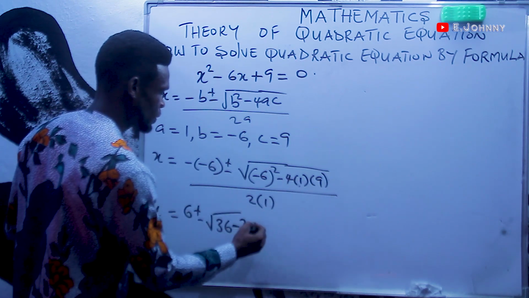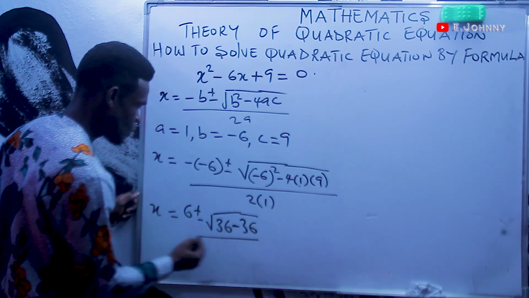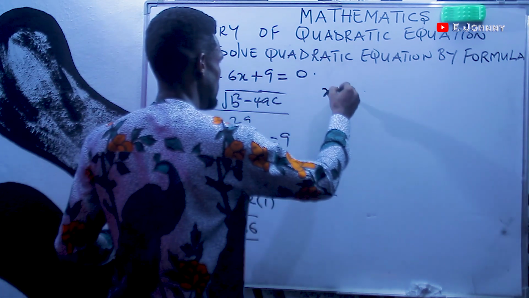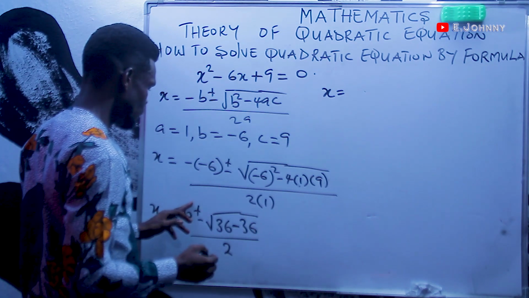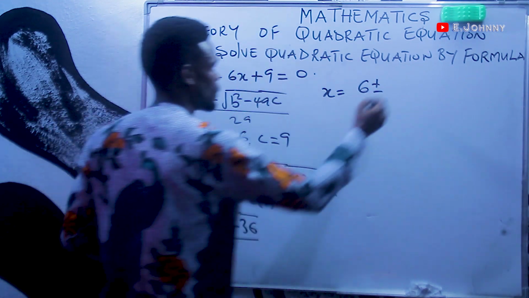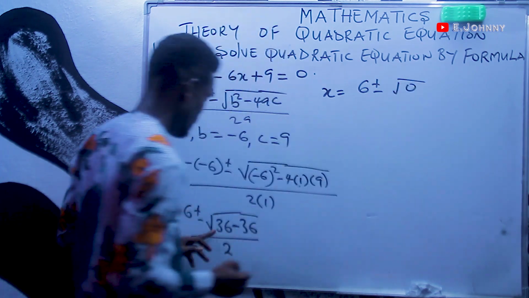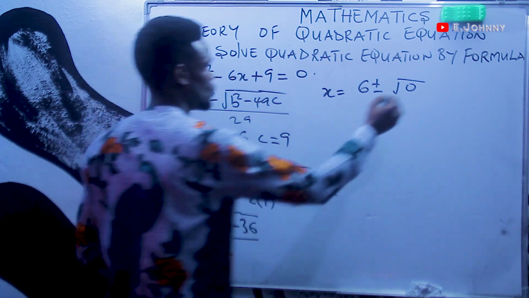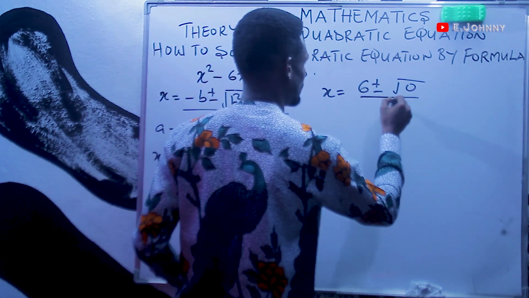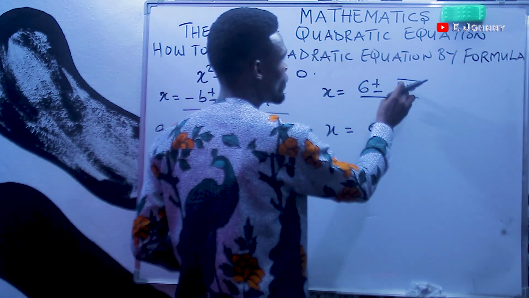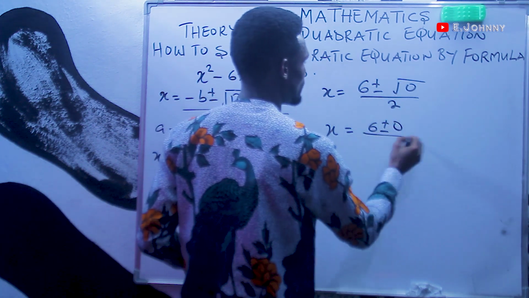So you have all over 2 times 1, which is 2. So x is equal to 6 plus or minus the square root of 0, because 36 minus 36 is 0, divided by 2. The square root of 0 is 0.